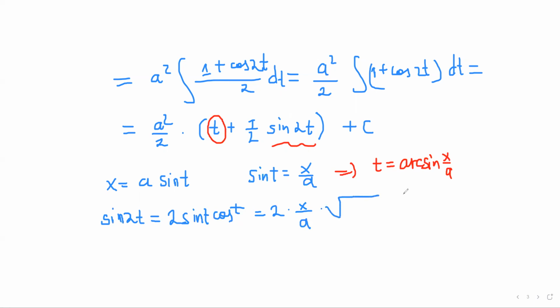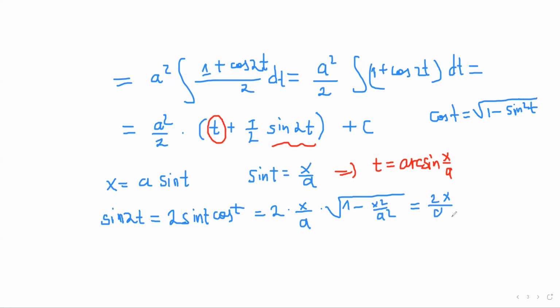We know how to deal with these cases: cosine t is equal to the root of 1 minus sine squared t. But sine t is x divided by a, so sine squared t is x squared divided by a squared.